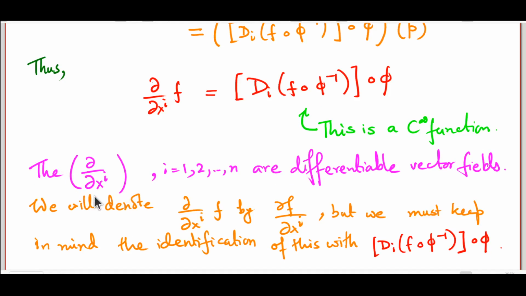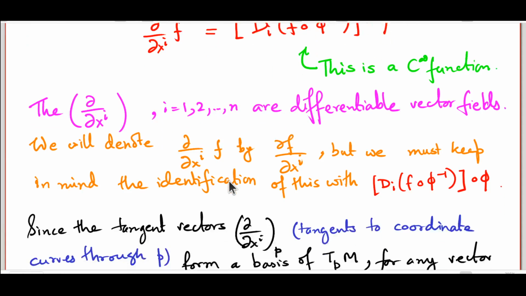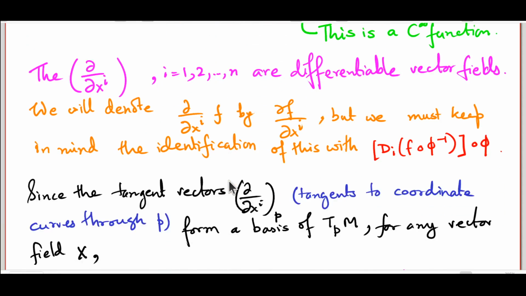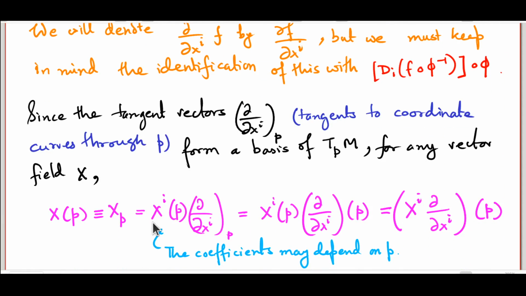Now, since these del del xi's with i running from 1, 2 all the way up to n, at a point P give us the basis vectors del del xi at P of TPM, it's obvious that we should be able to write any vector field X in the following form.